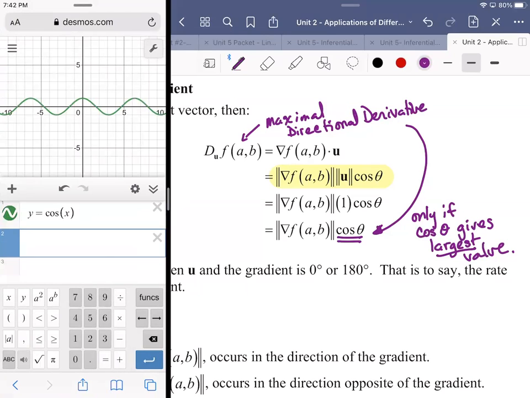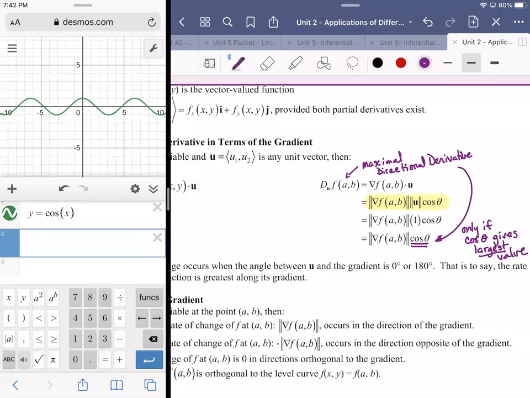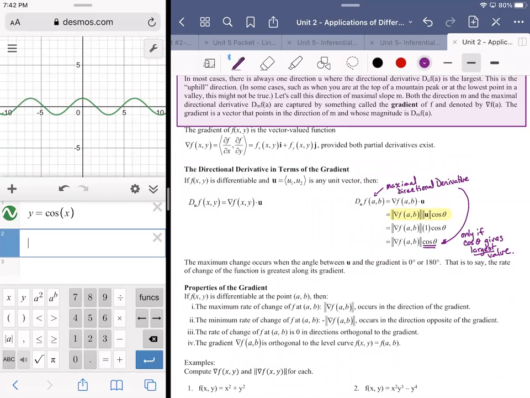You think about the largest possible cosine value that you can get as a result, right? It oscillates back and forth between -1 and +1. So cosine is its largest when theta is equal to either 0 or 2 pi or 4 pi or anything that's coterminal with that, maybe -2 pi.